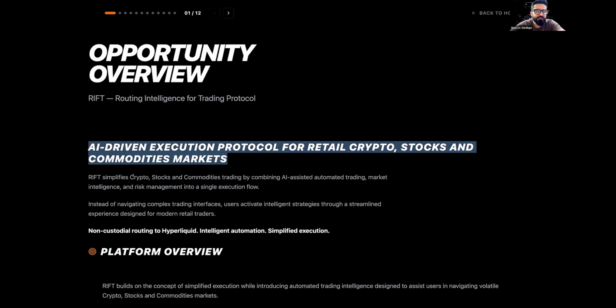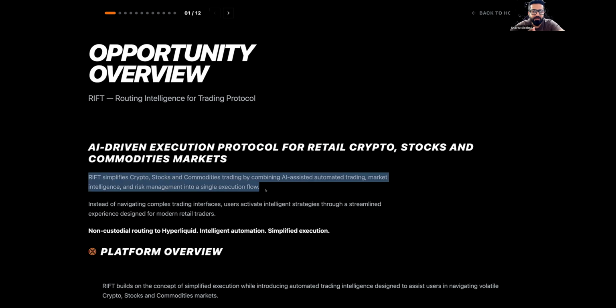Rift simplifies crypto, stocks, and commodities trading by combining AI-assisted automated trading, market intelligence, and risk management into a single execution flow. Instead of navigating complex trading interfaces, users activate intelligent strategies through a streamlined experience designed for modern retail traders. It is built for retail traders, it is built for retail users.